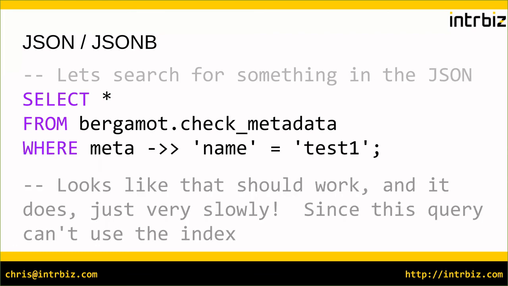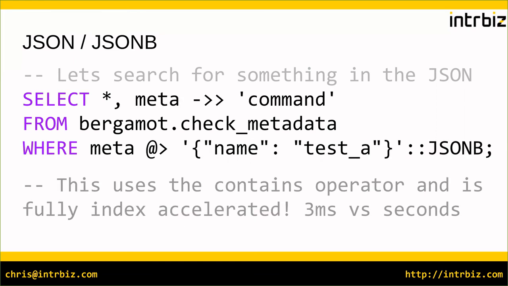Now, what would be really cool, obviously, is can we search on that same data? I want to find a document that has a field called name with the value test1. This might seem like a valid way to write that. However, it's extremely slow. It still executes in 3 seconds on my machine with a table of 18 million rows, but that's not as fast as we could be.